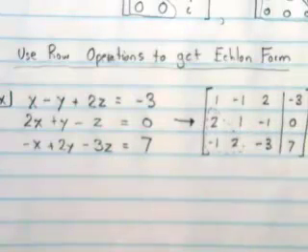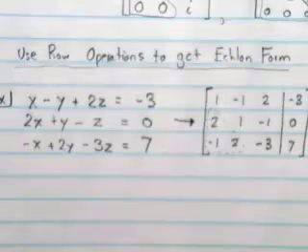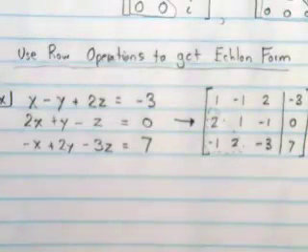Okay? So let's think for a second how we could get a 0 here doing some row operations. I'm allowed to add rows together. I'm allowed to multiply rows by certain things. What do I do to get the 0 there? What kind of operation? Yes?